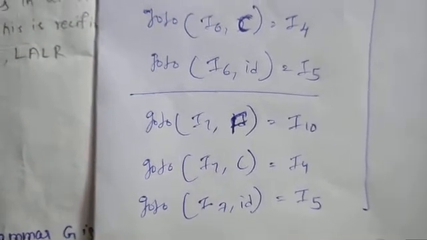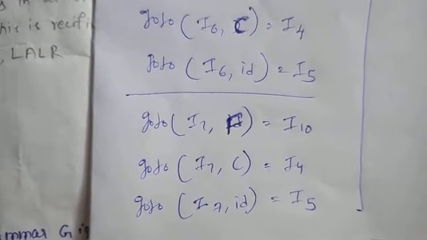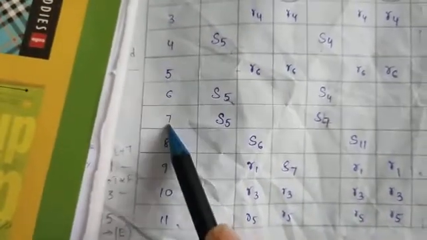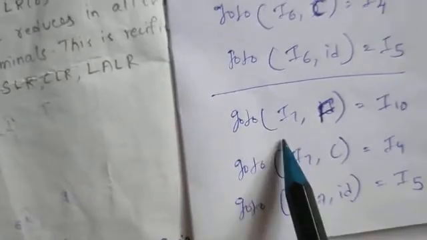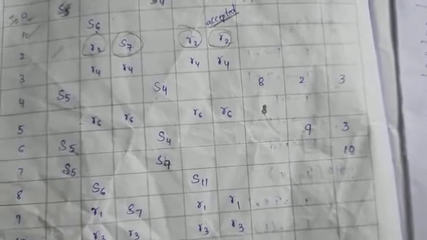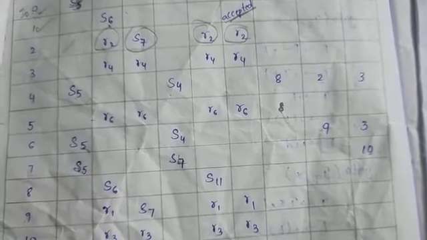Then it will go to I7. In I7 there can be only three things: F, open braces, and ID. Here one is ID, one is open braces, and the last one is F. For F we use 10. Why? Because in the seventh state, if F is there, we move from the 7th to the 10th state.